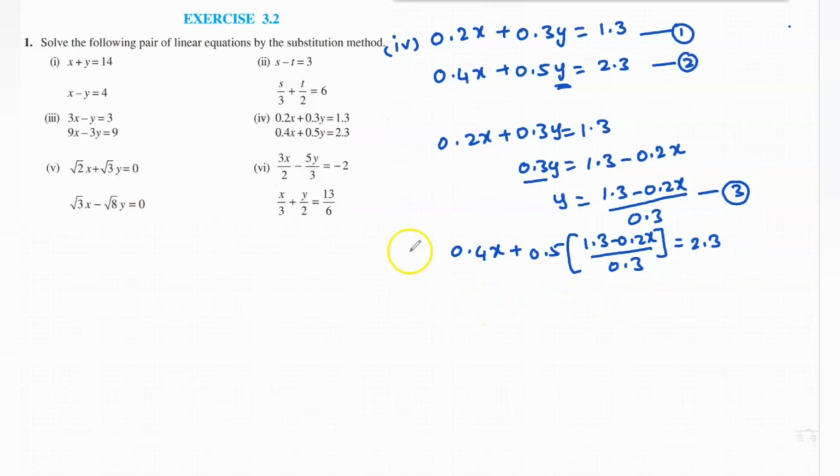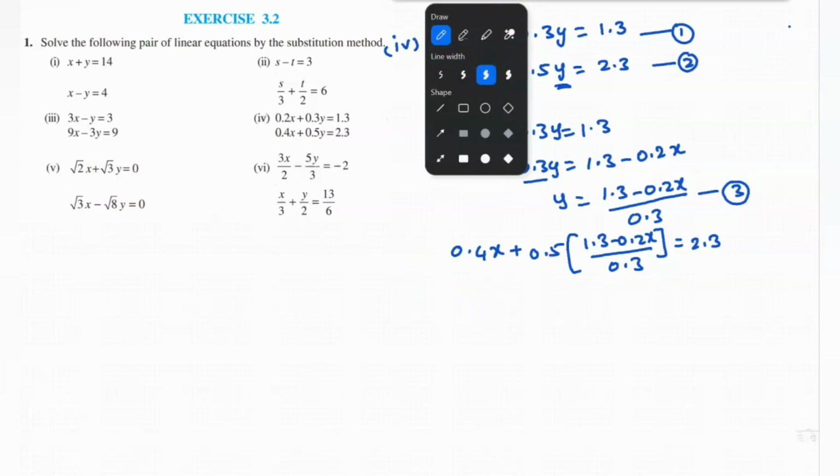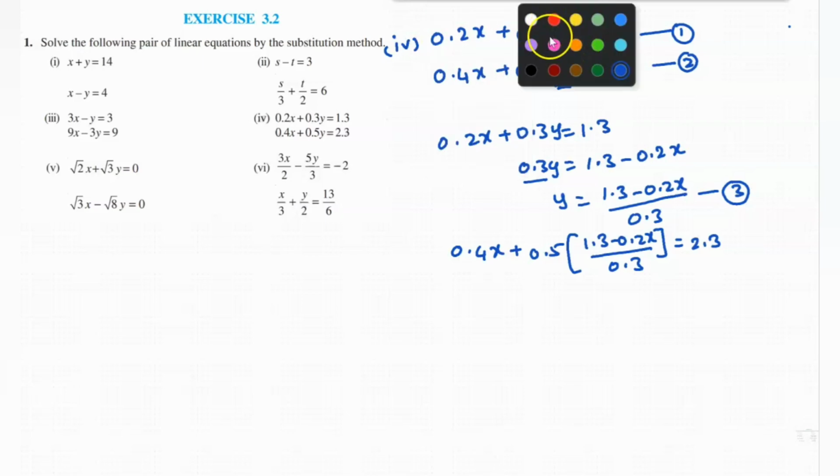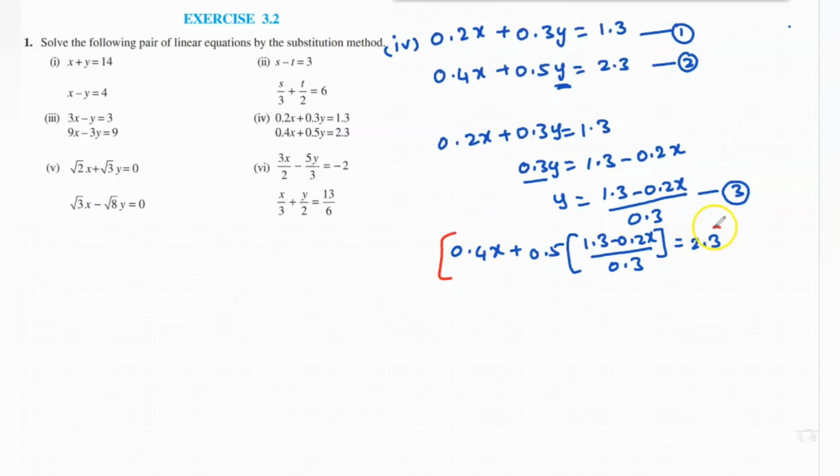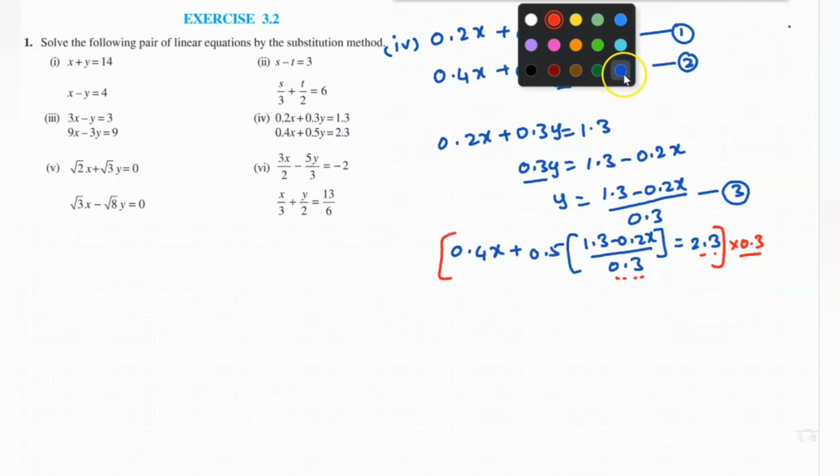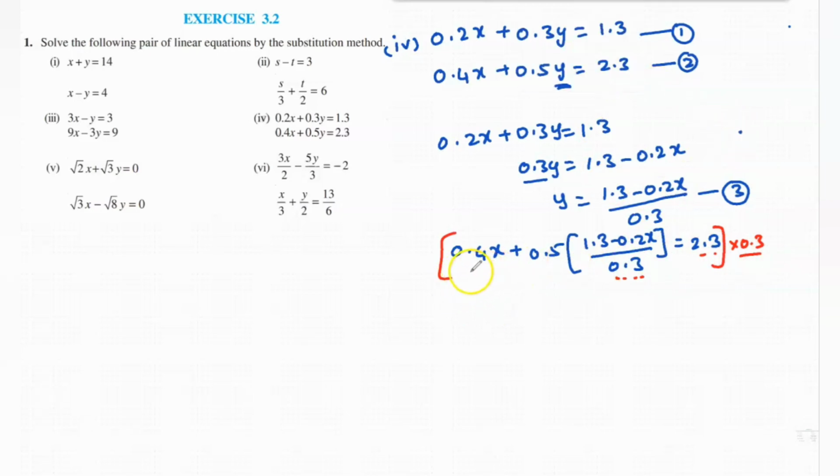Now multiplying the whole equation by 0.3 on all sides. Why multiplying by 0.3? Because the denominator is 0.3 here. To eliminate this denominator, I'll multiply the whole equation on the left side as well as on the right side by 0.3. Now I'll write 0.4 into 0.3, which gives you 0.12x.